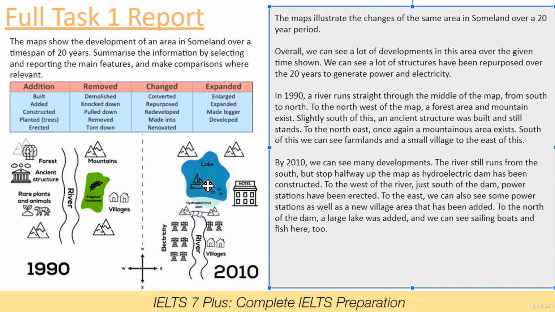Now all I really want to say to finish this off is just these two things here. How have the farmlands and villages changed? How were they converted? I think I will use, let's say, redeveloped, or let's actually say these were removed or pulled down, and then we can say converted. The area was converted.